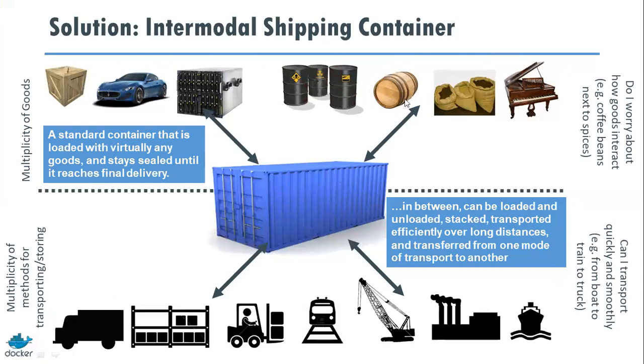You don't have to remove the item and put it somewhere else. Then you can use railroads, buses and trucks, whatever you want. So this gives you one solution which removes all your basic challenges.